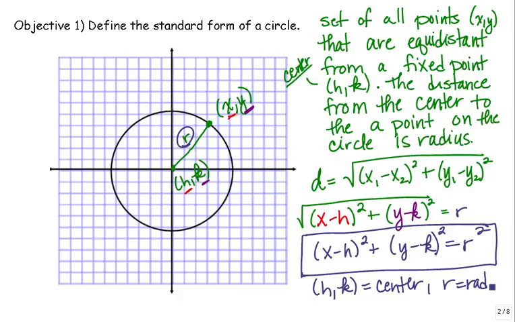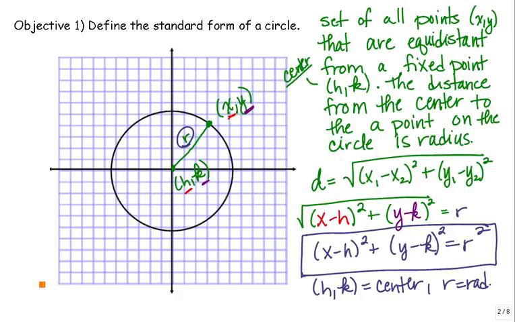Okay. Now, one other thing, just to point this out now, we'll talk about it more later on, but do you notice that the circle does not pass our vertical line test? So it is not a function, but it certainly is a relation, because a relation is just a set of ordered pairs.